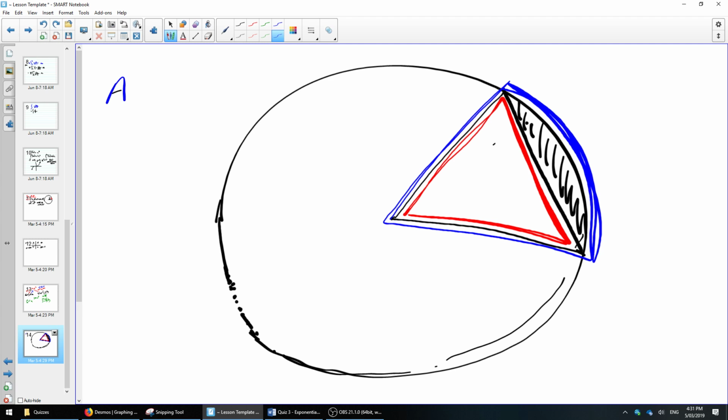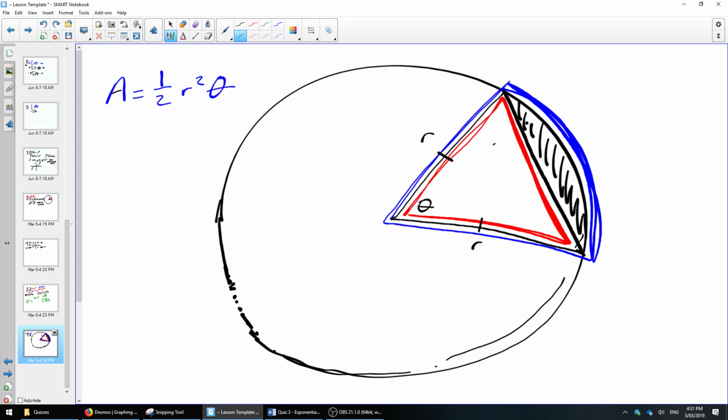The blue area: we have area equals half r squared theta. This is in the formula sheet. Remembering that this is r, that's theta.